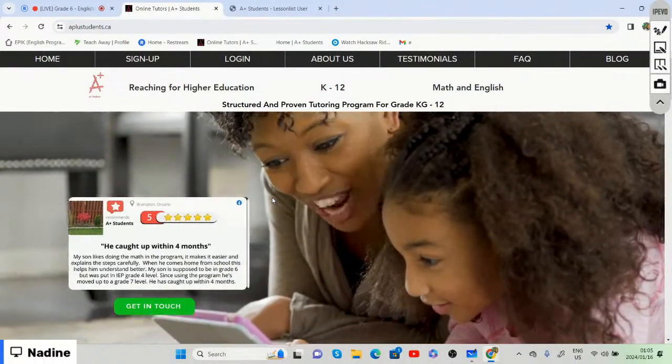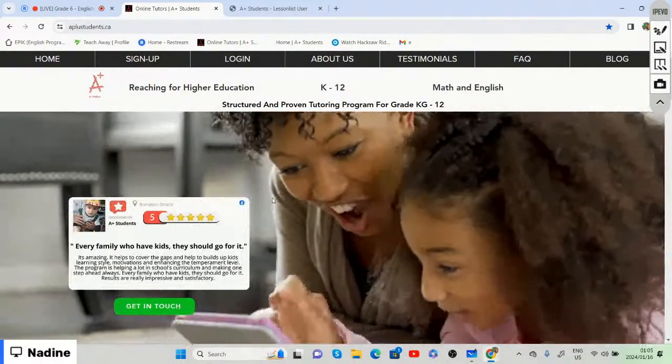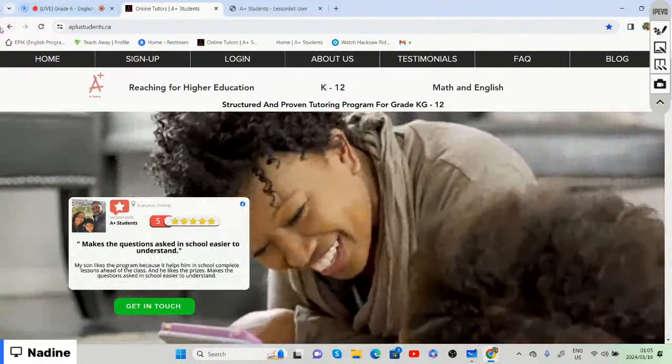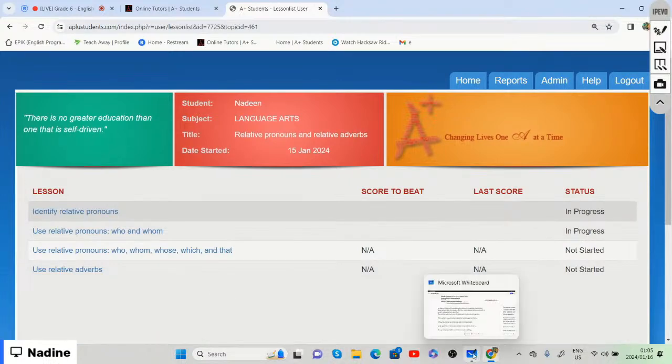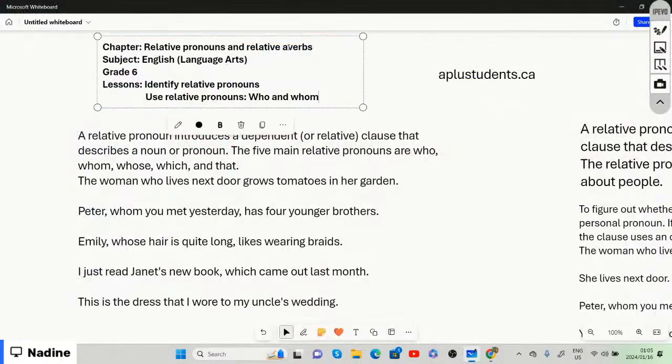Once we have selected the subject of language arts, grade 6, then we're going to scroll down until we get to the chapter of relative pronouns and relative adverbs.